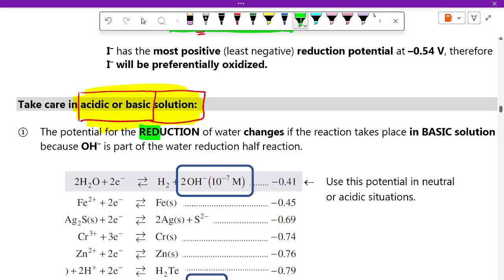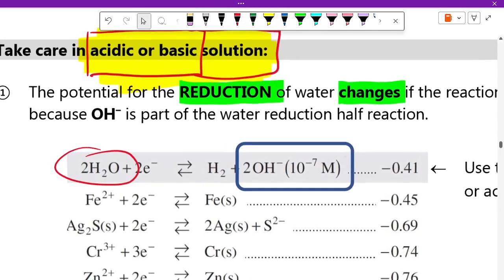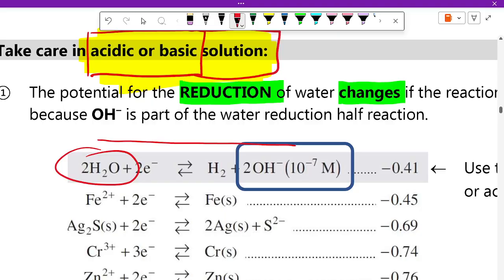So the reduction potential changes if the reaction takes place in basic solution. Why is that? Because if you look at here's water, and if you look at the reduction of the water, hydroxide is part of that half reaction, yes?